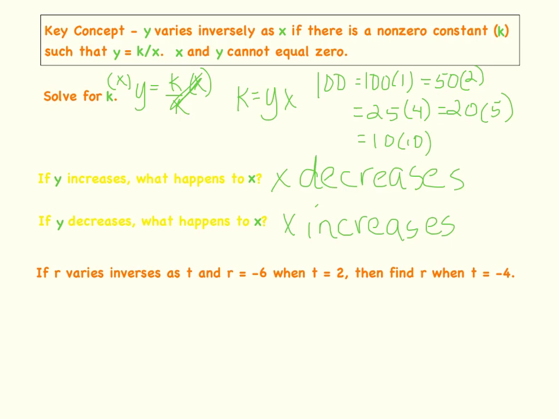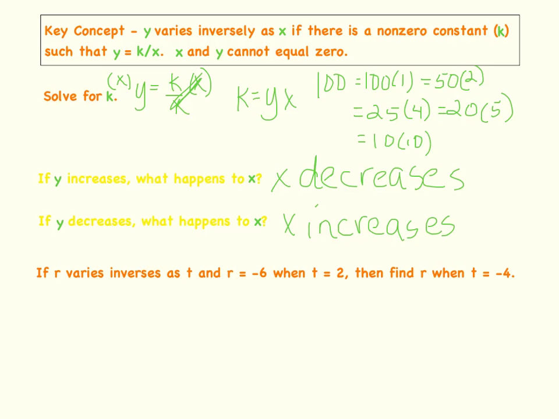Let's start out with if our y decreases. So our first y is 100 and our x value is 1. Well, when I decrease my y value to 50, what has actually happened to my x value? It has increased, see? When I decrease my y value to 25, again, my x value increases.